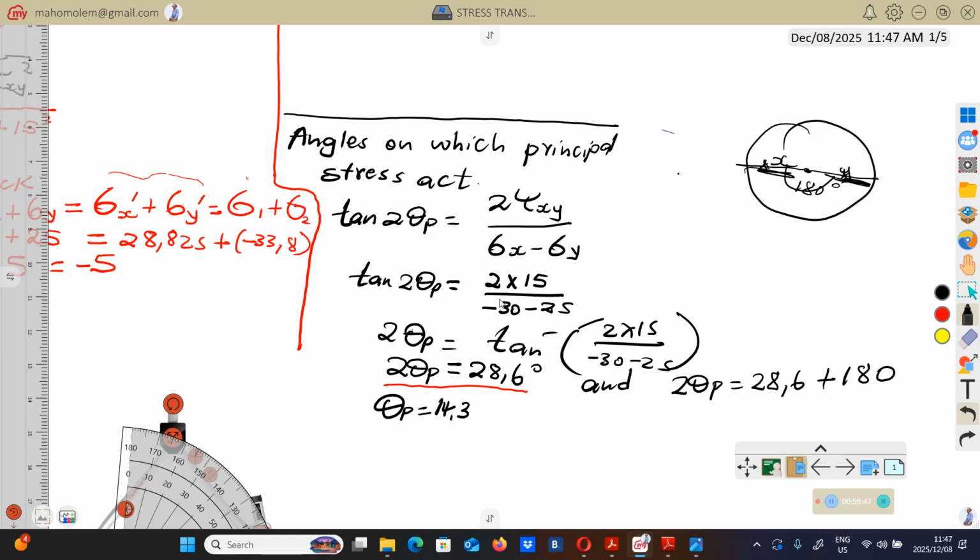I think it's going to be negative. This thing divided by this, it should be negative. So it should be negative. Those are those two angles of the principal planes.